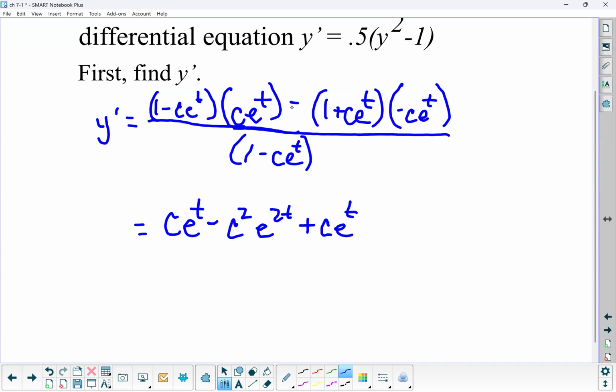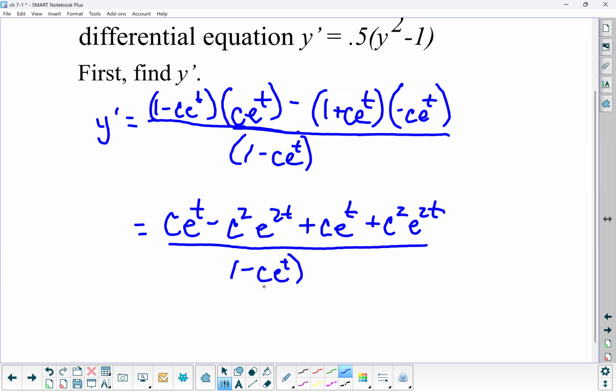And then we have minus ce to the t times minus ce to the t, which is again going to be positive c squared e to the 2t, all over 1 minus ce to the t, squared, which I forgot the square in the original. Right, denominator squared.